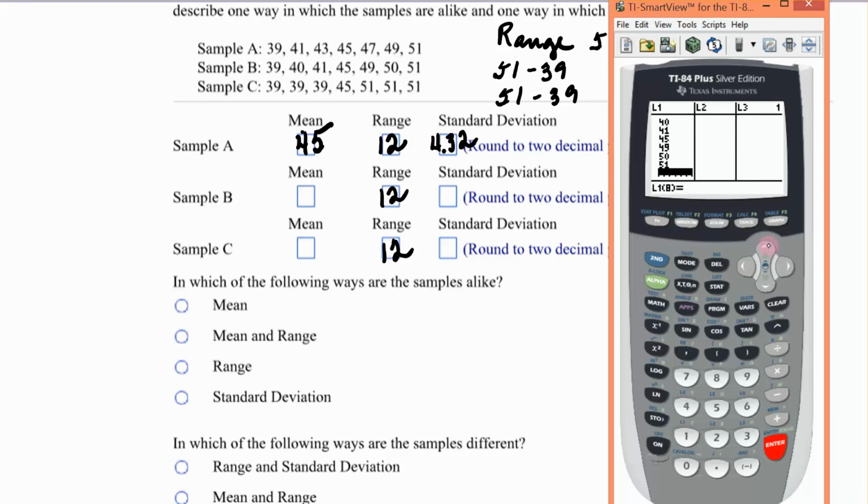Let me check them. All right, 51, 50, 49, 45, 41, 40, and 39. Okay. Stat, calc, 1.